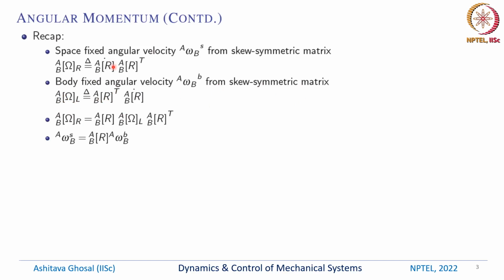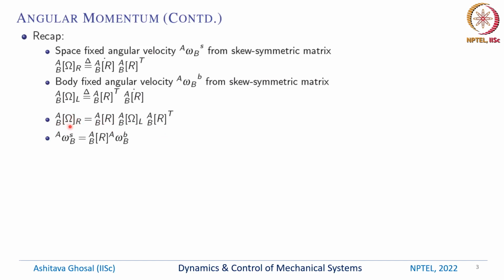Similarly, we could also obtain a body fixed angular velocity vector from the skew symmetric matrix AB capital omega L. So basically, instead of R times R transpose equals identity, we started with R transpose times R equal to identity, and we could obtain another skew symmetric matrix, which is ABR transpose ABR dot. And again, just like any other matrix or tensor, the left and the right skew symmetric matrices are related by means of rotation matrices.